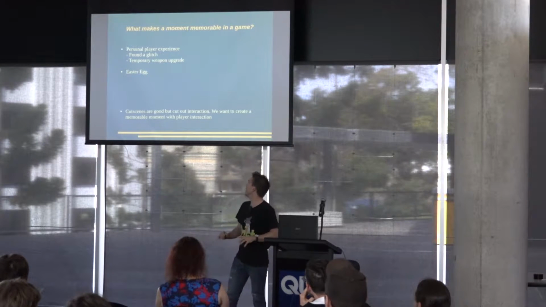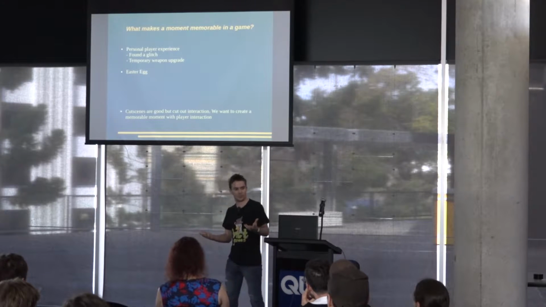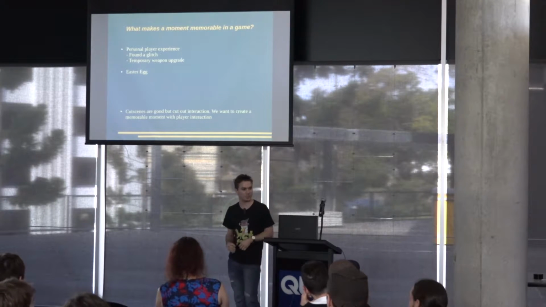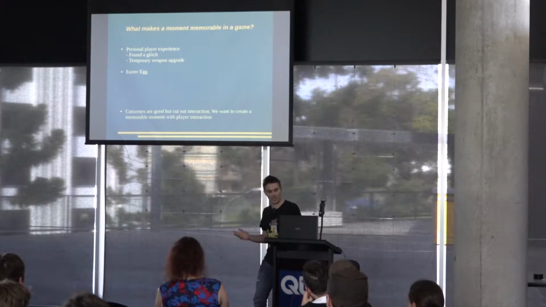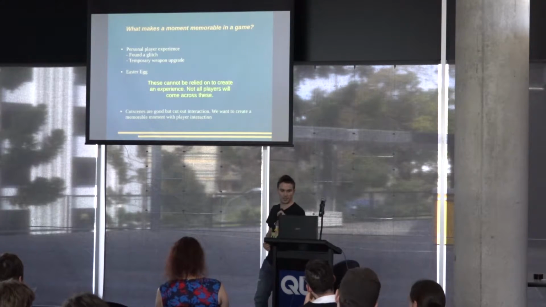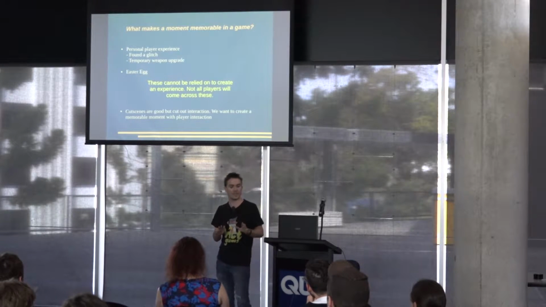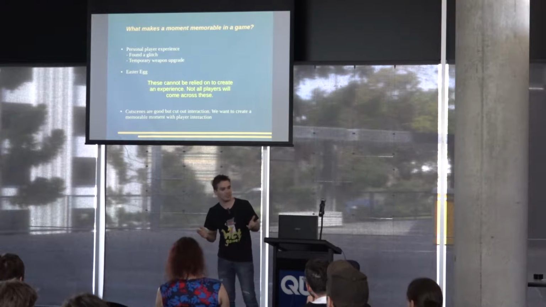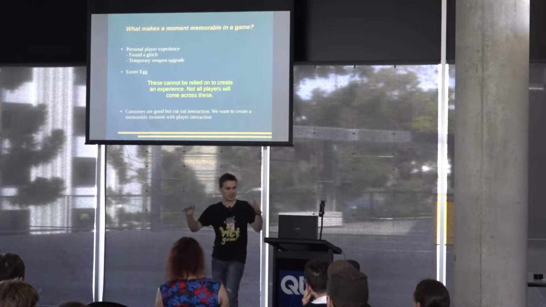They'll find a temporary weapon upgrade, you know, maybe for 3 seconds you'll shoot 10 times the amount of bullets. Others are Easter eggs. These can be memorable moments, but they cannot be relied on to create an experience for everyone, because not all players will come across these. Not everyone's going to figure out that in GoldenEye, if you take out the cartridge a bit, everything starts going jittery.